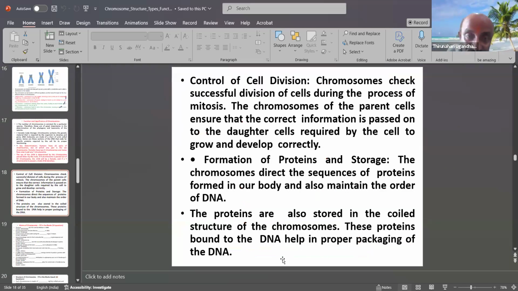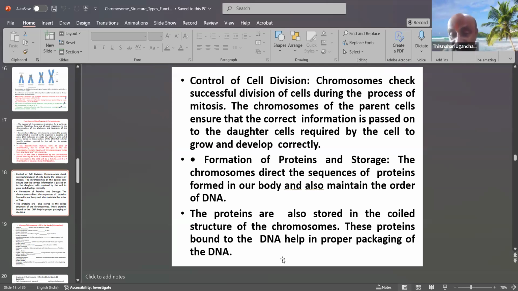Next, the center of cell division. The chromosomes ensure successful division of cells during the process of mitosis. Mitosis is a reproduction process, but here it means cell division, growth and development.